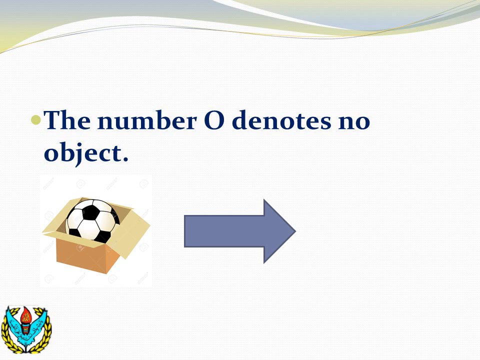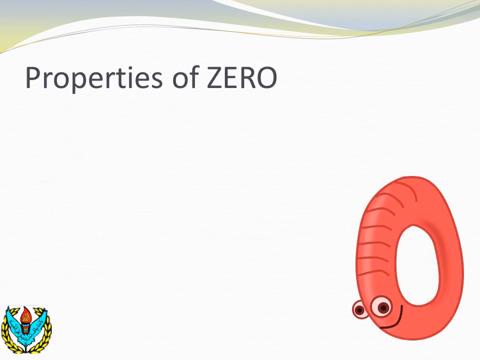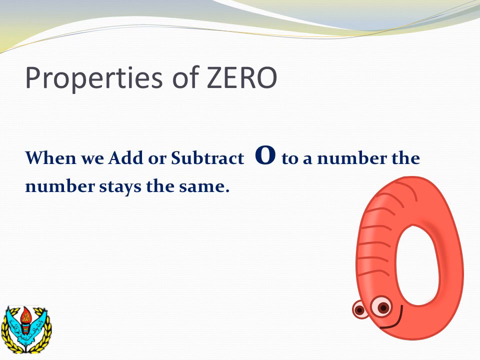You give that one ball to your brother. Tell me how many balls are left? Yes, you are right. There is no ball, which means there is 0 ball. Properties of 0. When we add or subtract 0 to a number, the number stays the same.